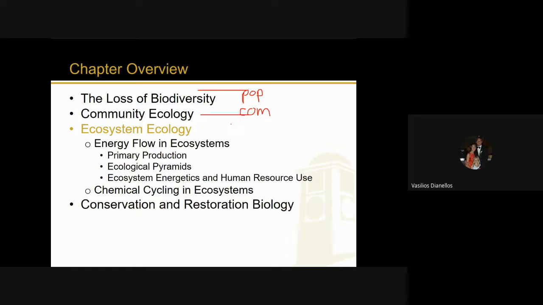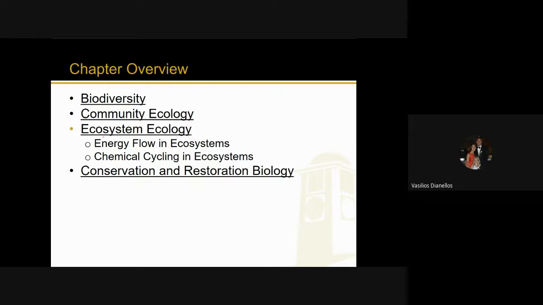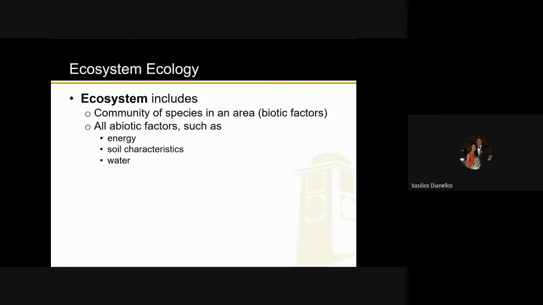Now finally we get to the next step, which is ecosystems. Ecosystems are basically communities, but instead of just looking at how all the different species are interacting with each other, we're still considering that, but now we're also considering how they are interacting with non-living things. So let's jump into it. This is basically what I said, but now you can see it in writing.